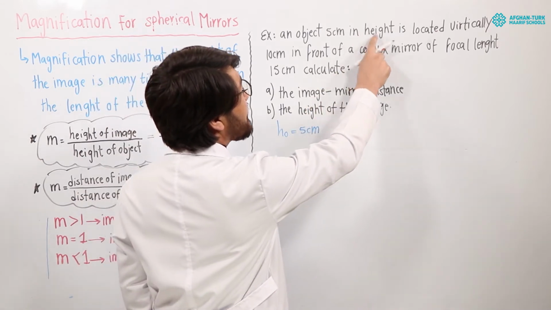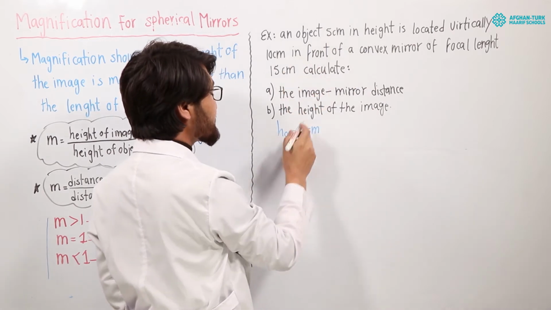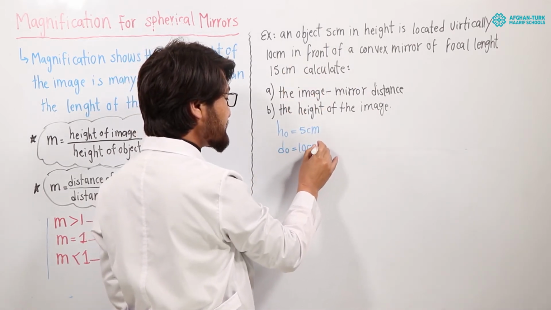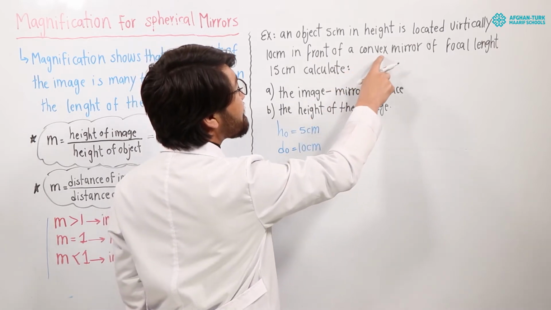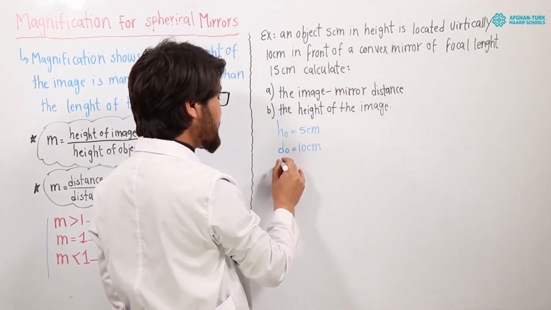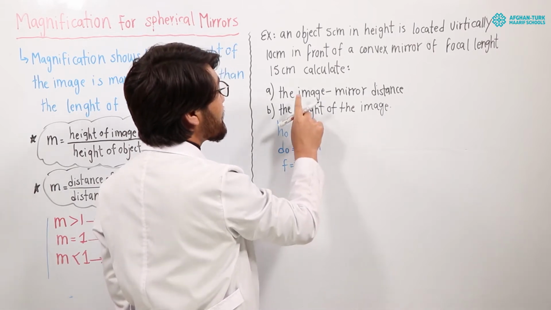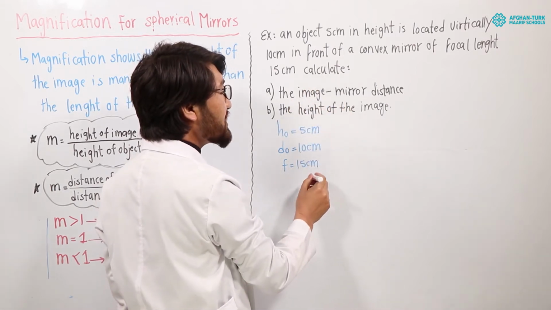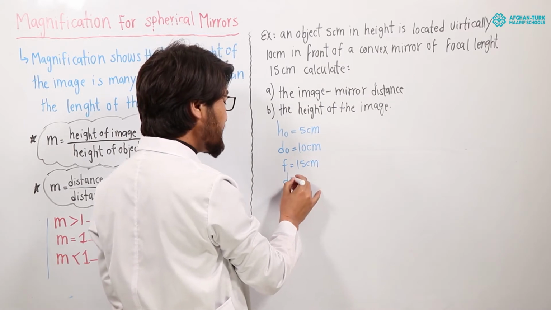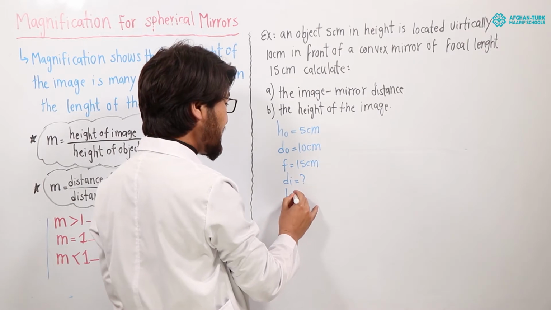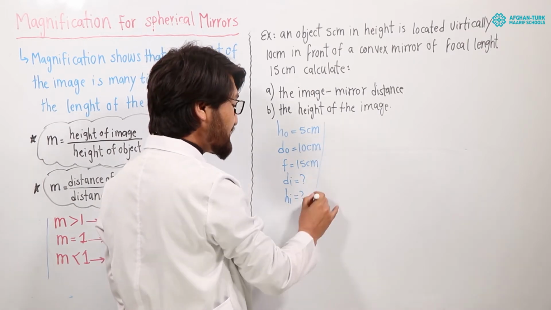It is located vertically 10 centimeter, it means DO is 10 centimeter, in front of a convex mirror of focal length 15 centimeter. Calculate the image mirror distance, DI, and also the height of the image, HI. Find HI. Let's solve this question.